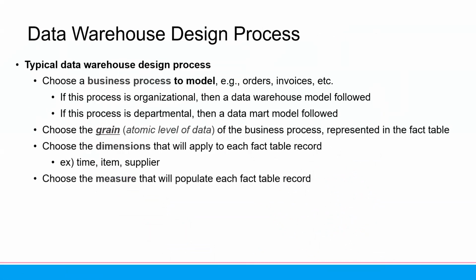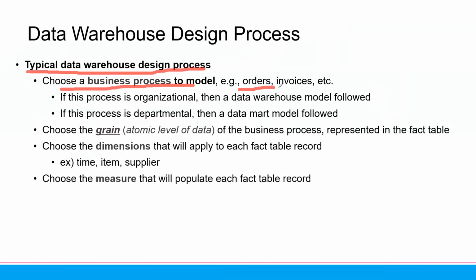We can also deal with this kind of design by choosing the business process. So we call this the typical data warehouse design process. We will choose what is the best business process. Let's say in the order process, there will be some sequence.